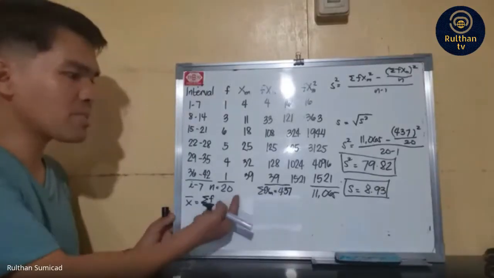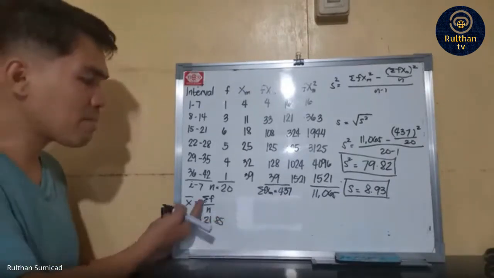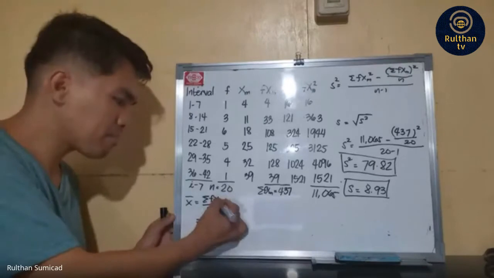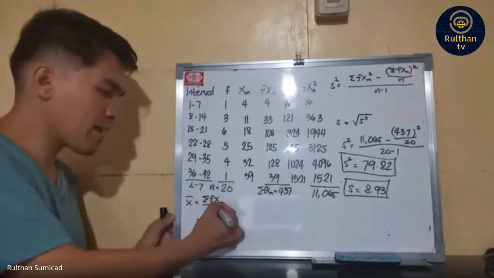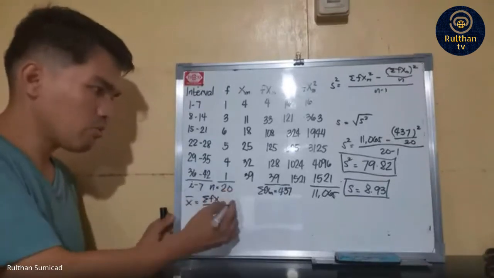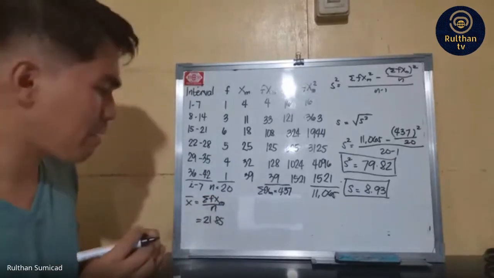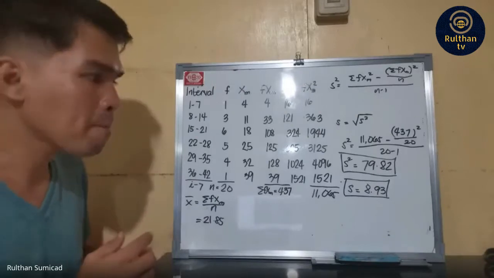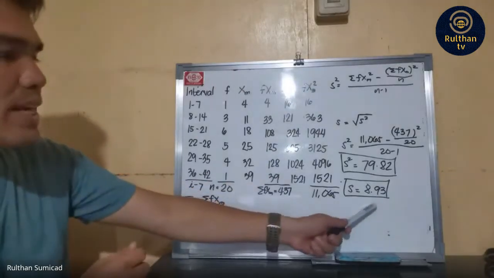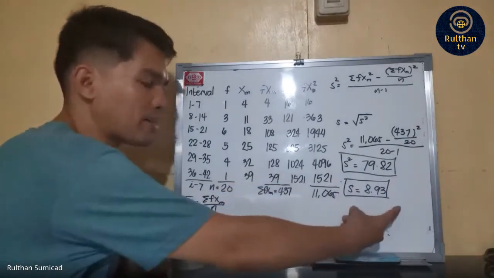It's because our summation of FX sub M is 437, divided by N. That's 437 divided by 20, so we have 21.85. This is our mean. Now, what is the meaning of standard deviation? I'll just quickly introduce how we interpret this one.